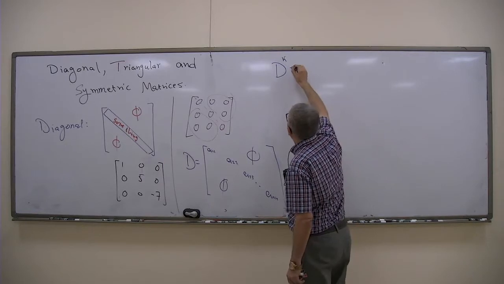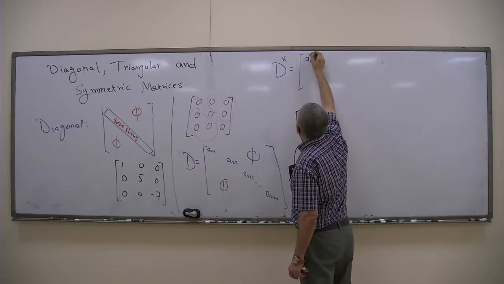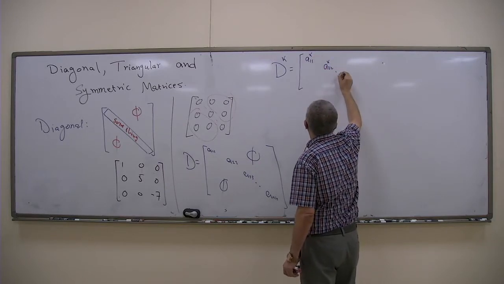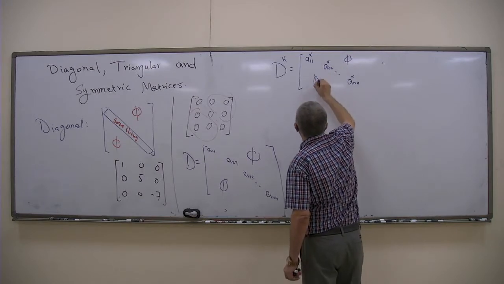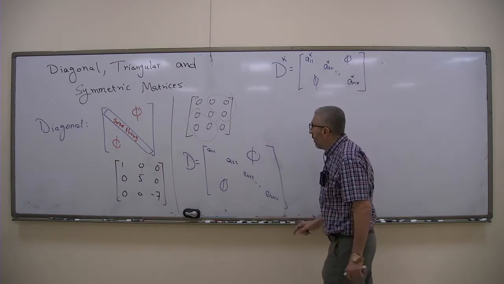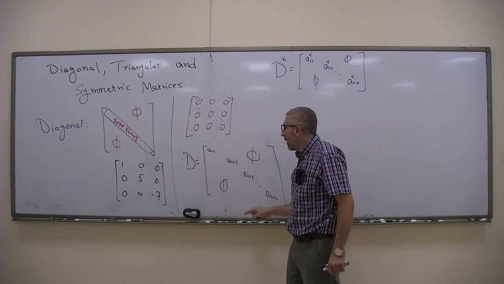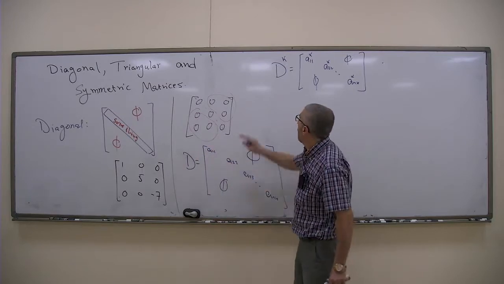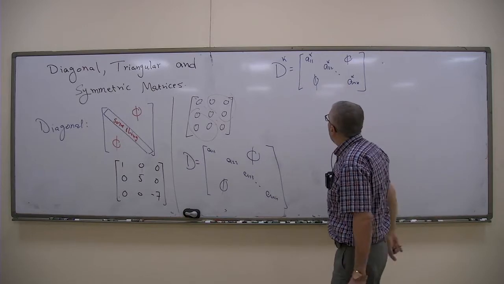This is going to be A11 exponent K, A22 exponent K, ANN exponent K. Why is that? Well, you can multiply and see. What happens if you multiply D by itself? Do the multiplication and see. You are going to find you get the elements along the diagonal raised to the same exponent. Okay? So that is very easy to verify.